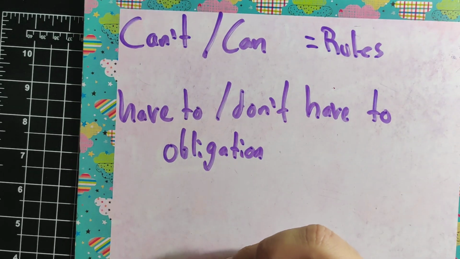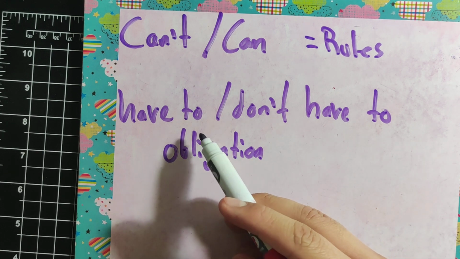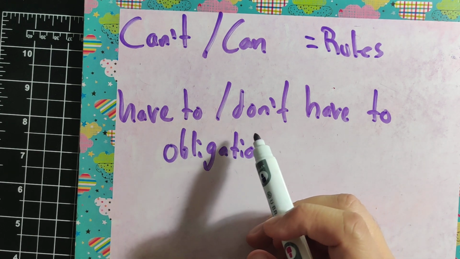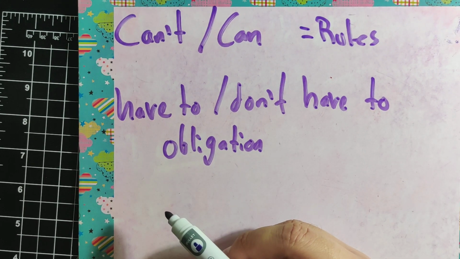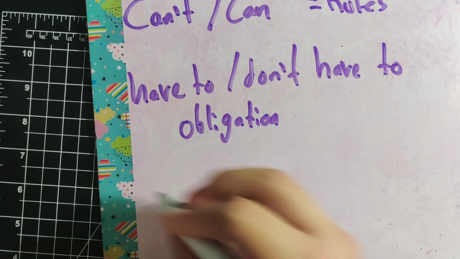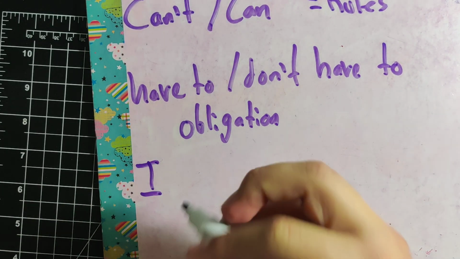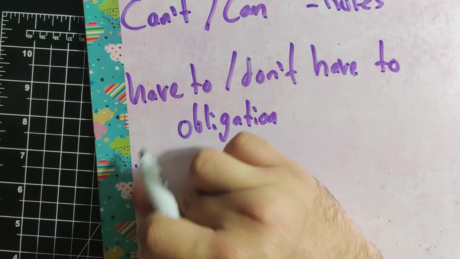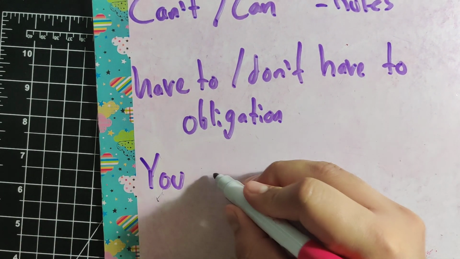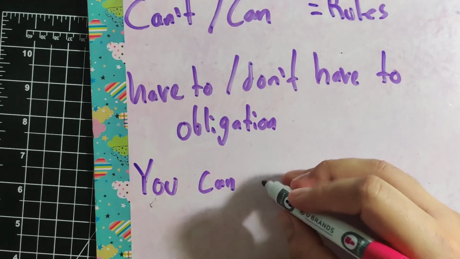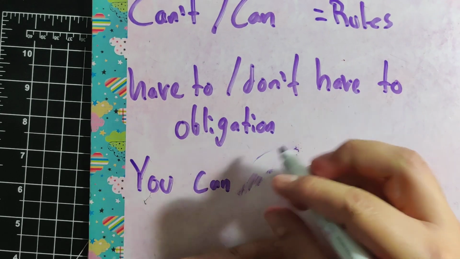And what do I mean by that? Well, it's honestly pretty simple. Okay? Have to and don't have to. Let's put an example. Let's say can. You can say something like, oh, wait, I just thought of a better example.